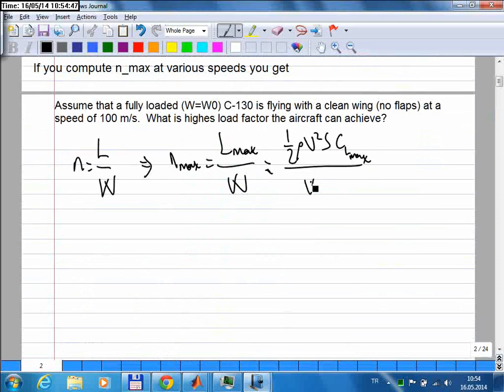Over the weight. So this is equal to 1.8. And we know everything else, right? We know the speed, we know the air density, the wing surface area, everything else is known.